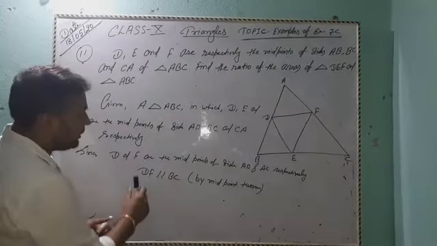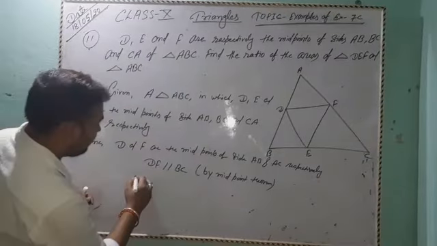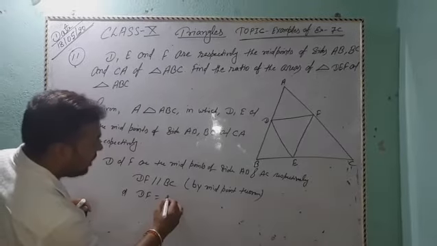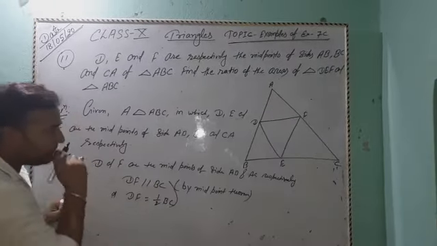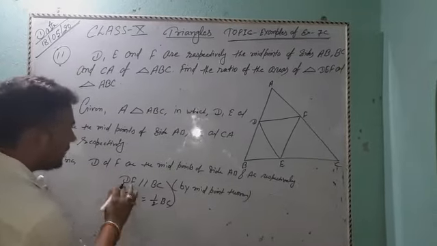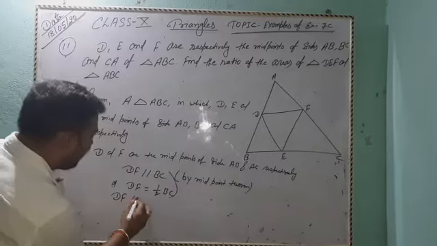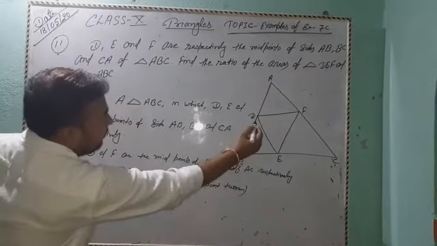So DF is parallel to BC and DF equal to half BC. Okay. So DF is parallel to BC. Then we write DF is parallel to BE.